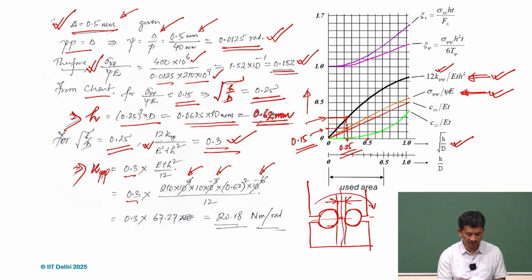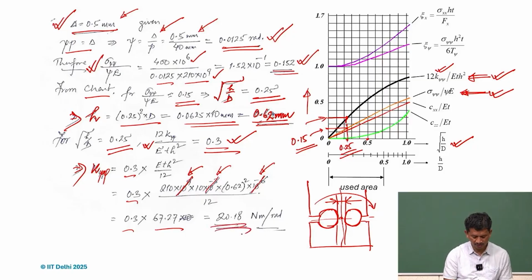H is again 0.62 millimeters, so 0.62 squared, and millimeter is 10 to the power minus 3, squared is 10 to the power minus 6. So minus 9 plus 9, it will get cancelled, and we will be left with 0.3 times... if we calculate, we will find 67.27, and if we plug these values, it's 20.18.